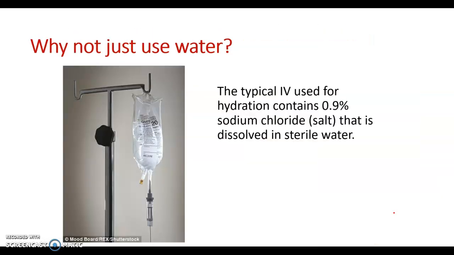So that is why the typical IV uses a 0.9% sodium chloride or salt solution. And that's mimicking the solutes inside the cell, creating that isotonic environment so that we're able to hydrate the body without causing damage to our cells.